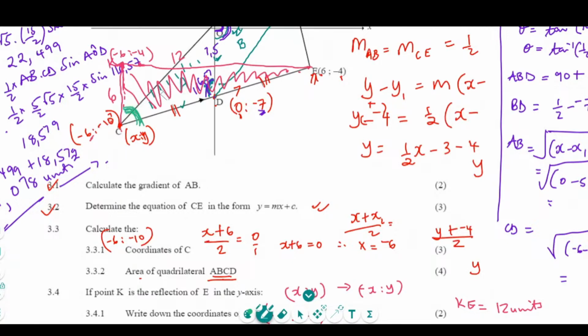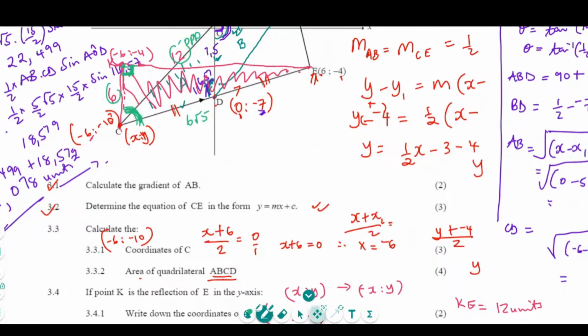So since this line is horizontal, this line is vertical, automatically that will be a 90 degree. We don't need to assume things, we know it. So if it's a 90, we can use any of the trig ratios. We say this was a 6√5. Okay, so I would prefer using tan. I have the 12, and then I have the 6. So this 12 is gonna be the opposite of this angle, and then the 6 is gonna be the adjacent.